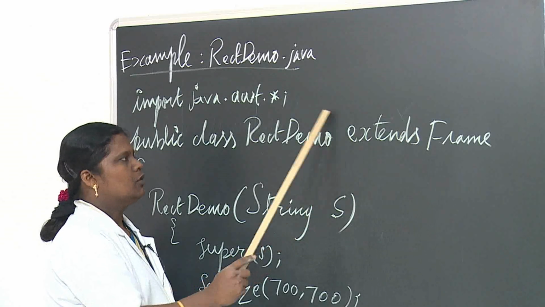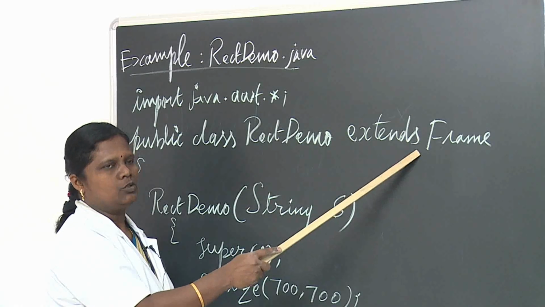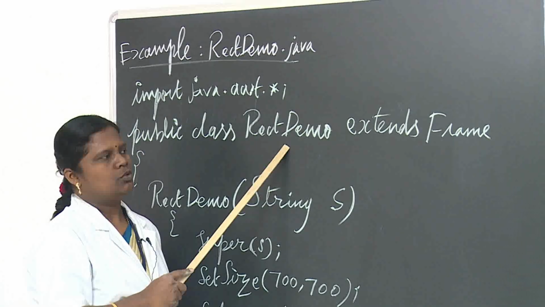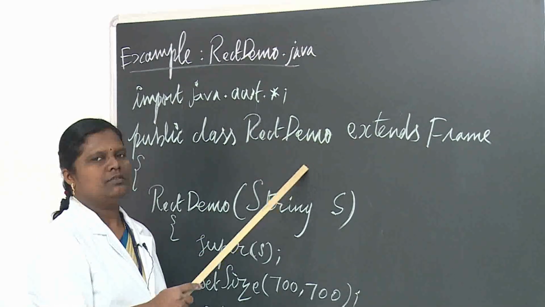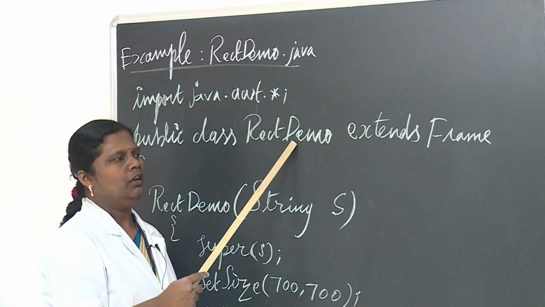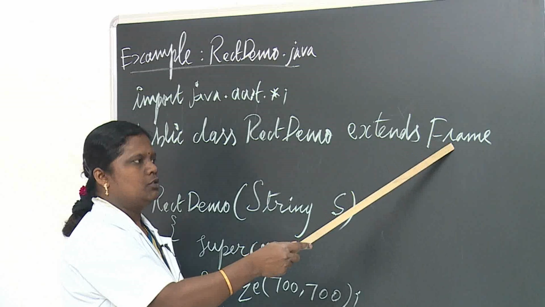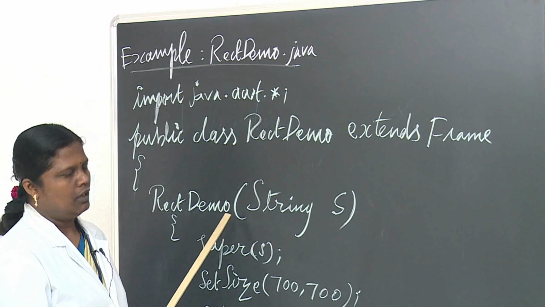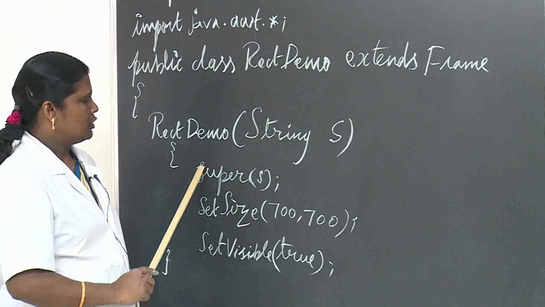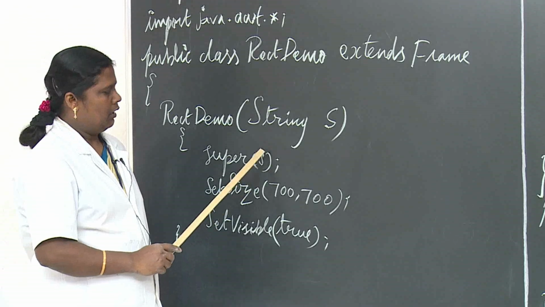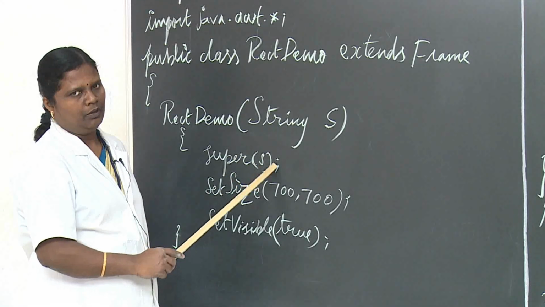The Frame class is the super class of this class, RectangleDemo. When I pass the parameters from this class to the super function, it's going to pass them to the Frame class. This includes the constructor, which uses the function super of s. It passes the frame name through this super function.